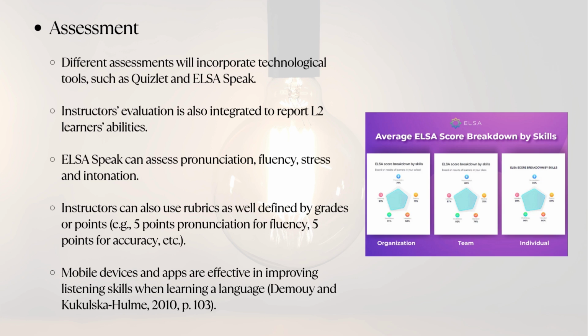and Quizlet. But first, the instructor evaluations must be integrated so that the instructor can report the abilities of the learners. For the first activity, Quizlet can track the accuracy of the students' performance.